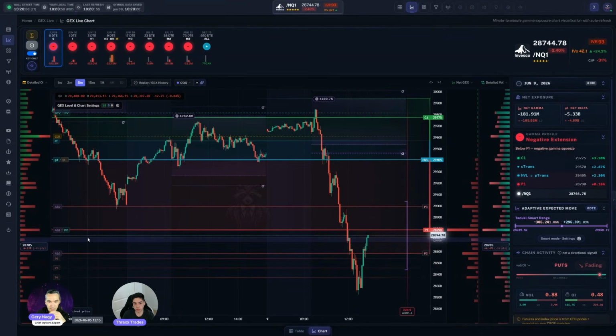We always say that these levels are not predictions and not signals, but the more confluence you have at a level, the more significant it can be. And you always have to watch for the momentum. And then you can confirm if the market rejects that level or makes a continuation off of it.